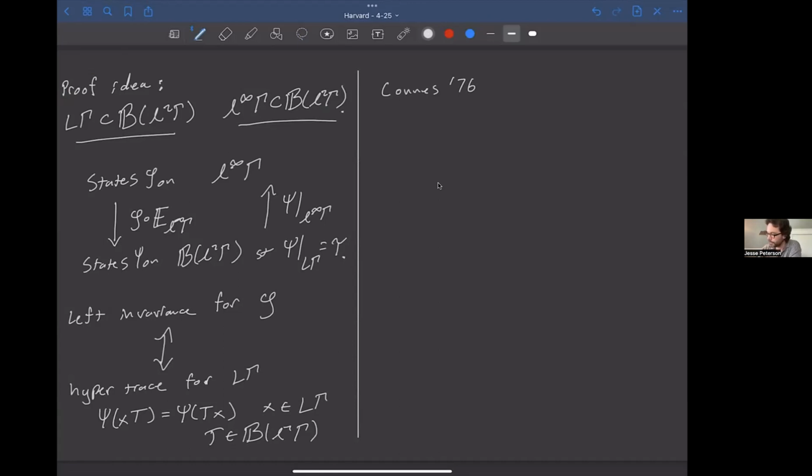So there was Connes in 76, which was most of the work. And then there was Connes, using these works and together with Haagerup, who finished up a final case. So they completely classified amenable von Neumann algebras.